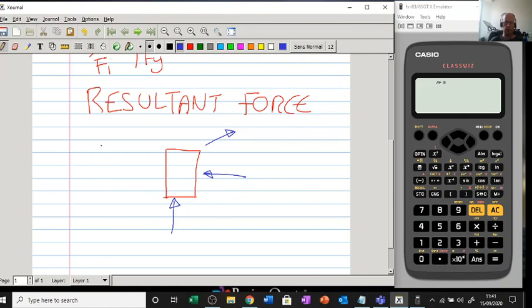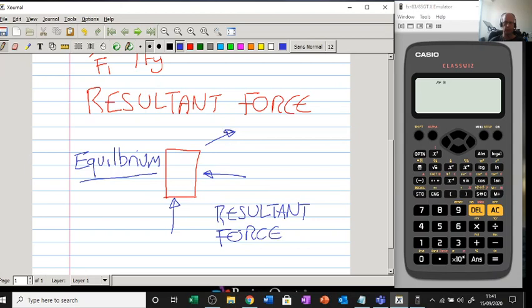Now we have talked about equilibrium, as in the forces equaling each other, but that may not happen. So you get a thing called a resultant force, which is the resultant of them forces, and that will make this thing move.